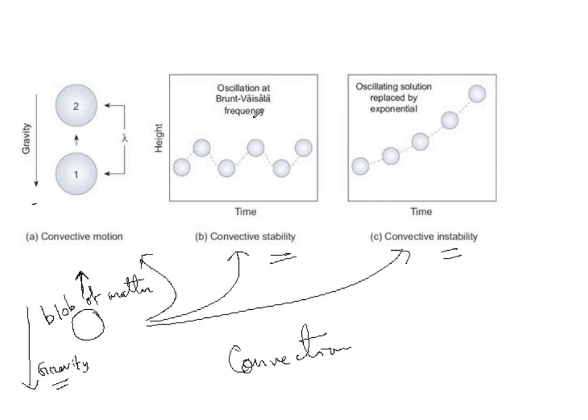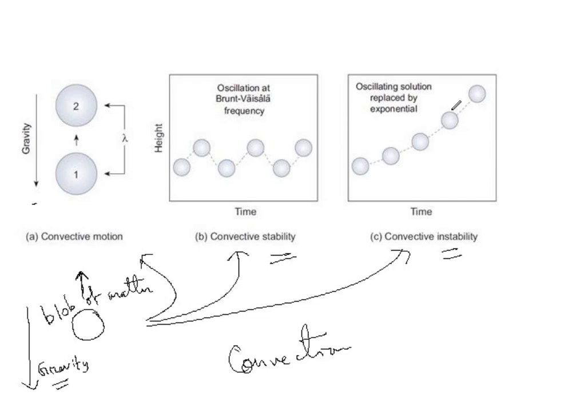Now, you see, if the blob of material at position 2 here is less dense, then what will happen? So what I am saying is, again, if the blob of material at position 2, when it is displaced, is less dense than the surrounding material, then it will be driven continuously upward by buoyant forces, like this here.